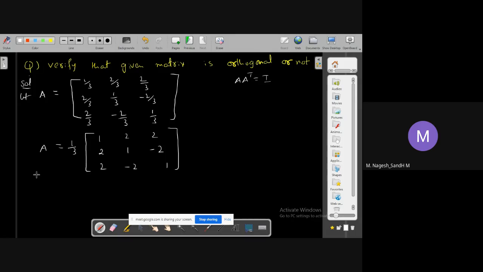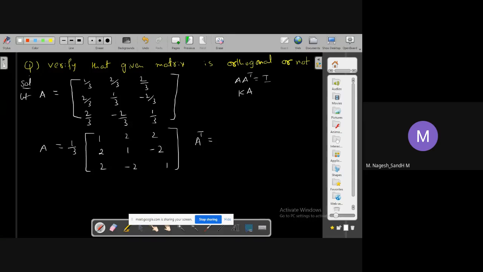Next I need A transpose. Listen here everyone. This A is there, and the transpose you have to do. What is the transpose of 1 by 3? It is 1 by 3 only. So don't write 3. What is the property of transpose?